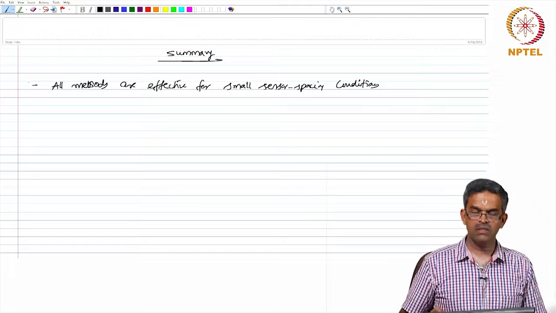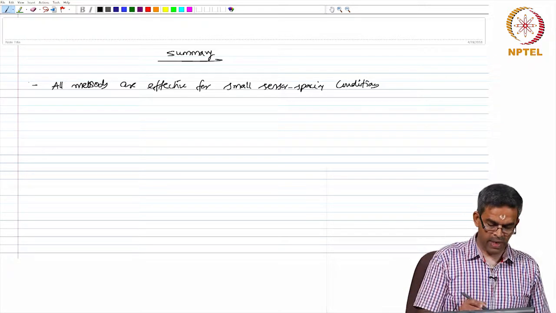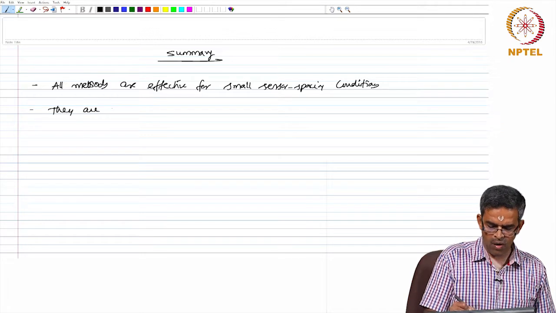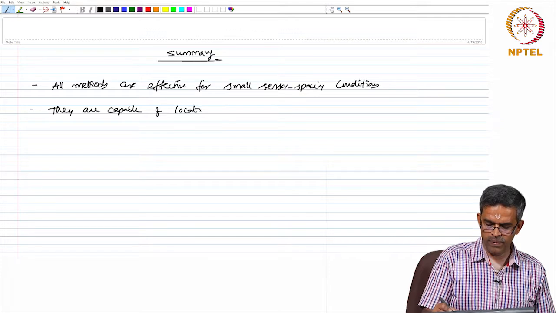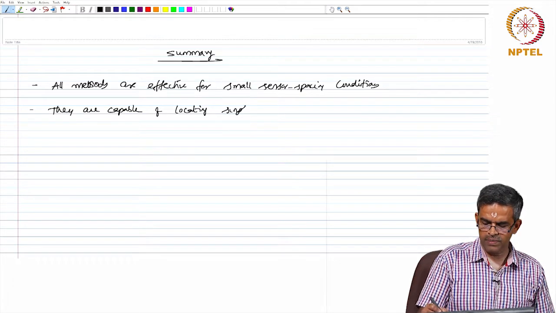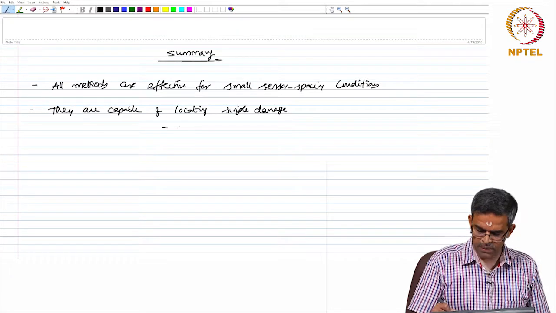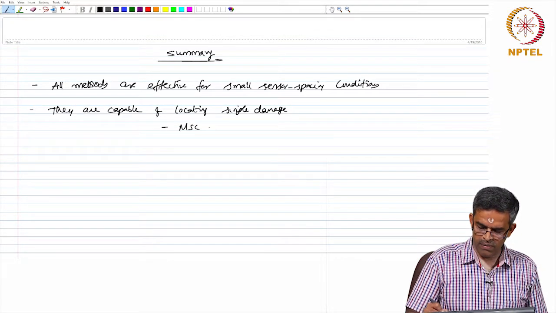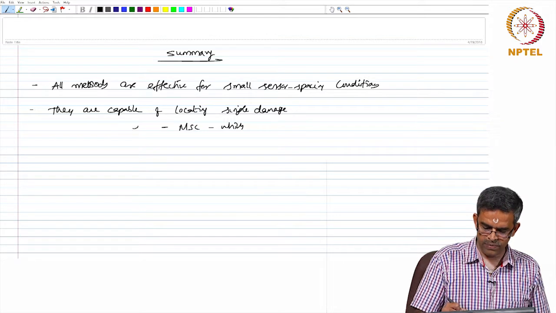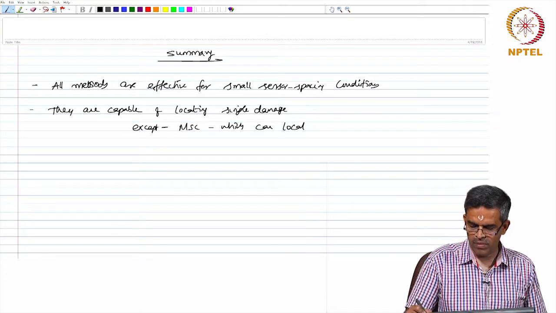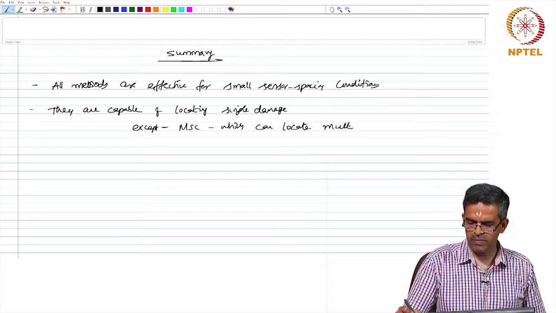That is the first summary we have. The second summary we have is all these methods are capable of locating single damage except MSE, which can locate multiple damages.